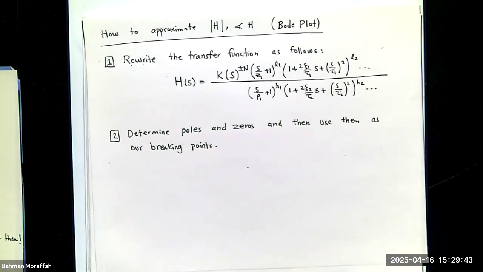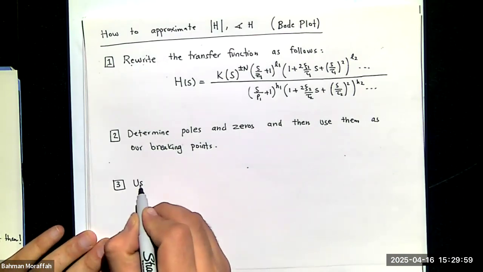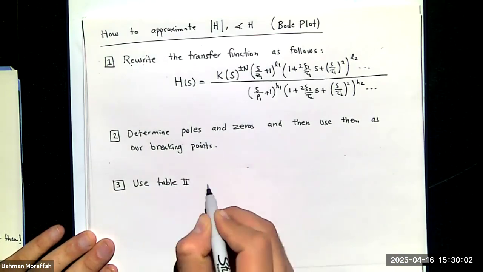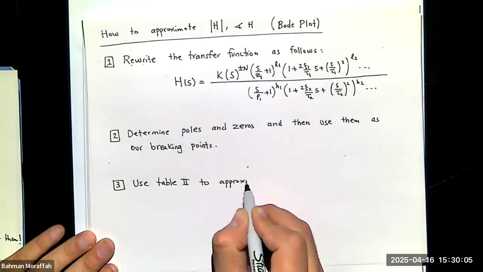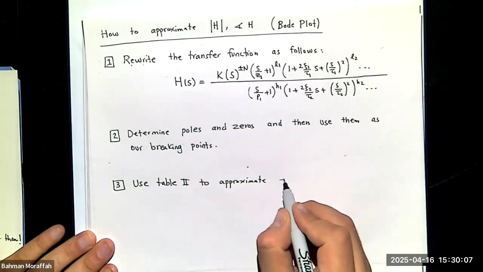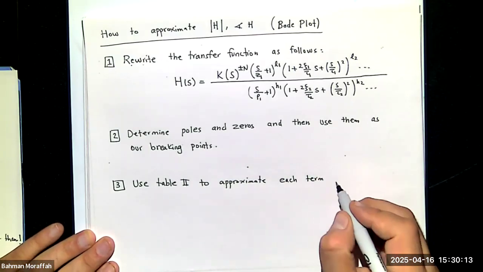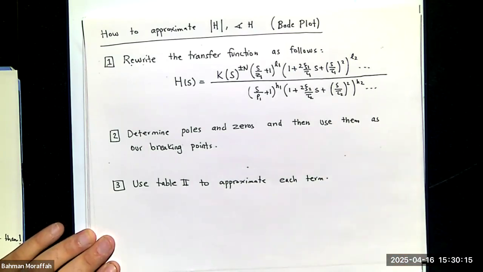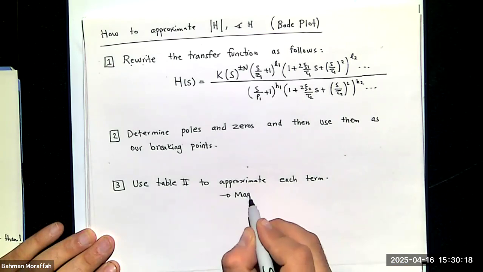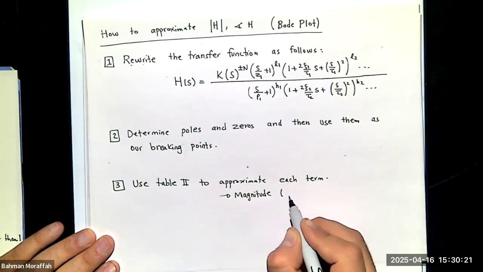Now I know what kind of zeros I have, what kind of poles I have. I know what my breaking points are. I can use table 2 to approximate each term. If I'm doing it for the magnitude, I'll do it on dB scale.